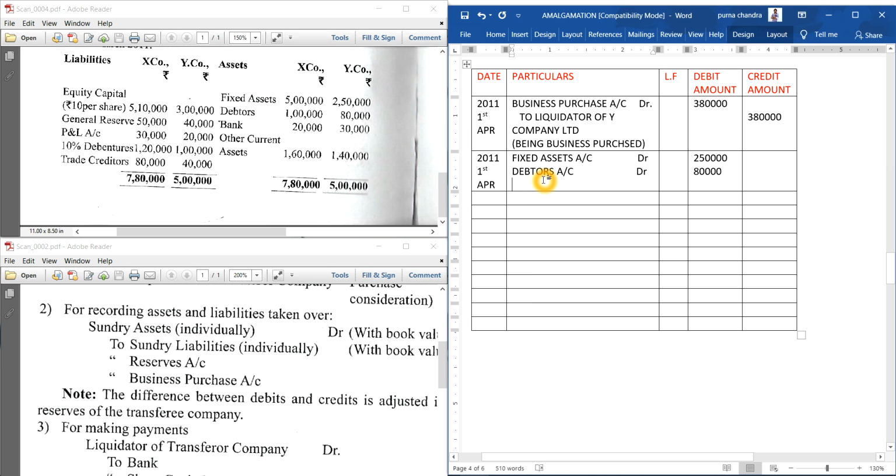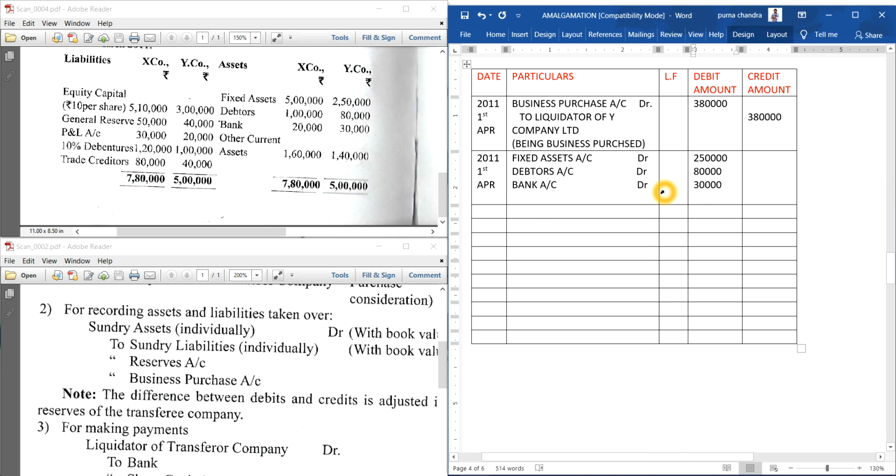Next, bank account debit. How much, students? 30,000.